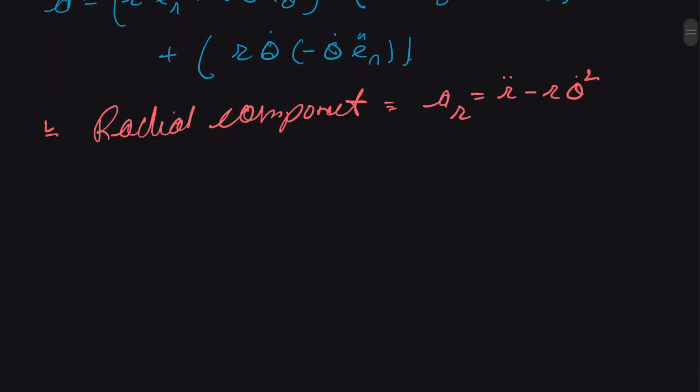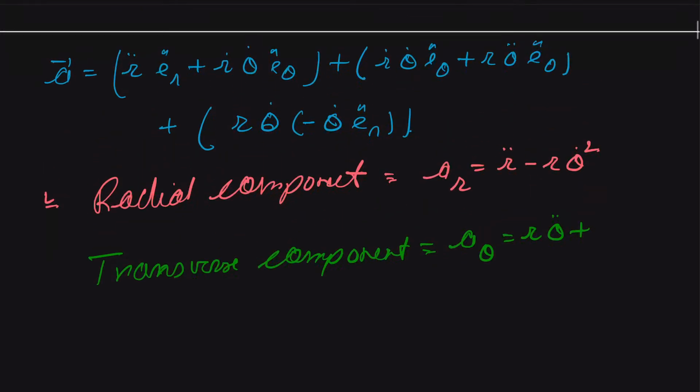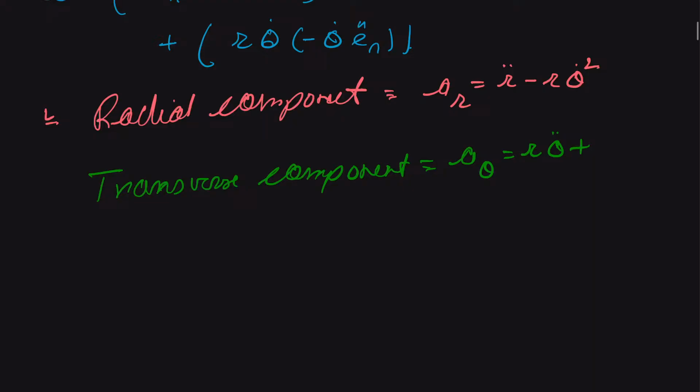And then our transverse component, which is our a_theta, will be equal to r theta double derivative plus twice r single derivative theta single derivative.